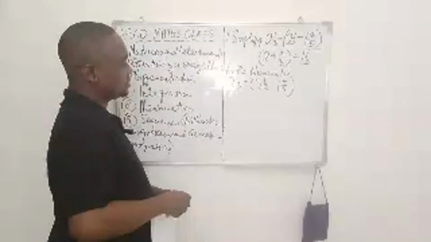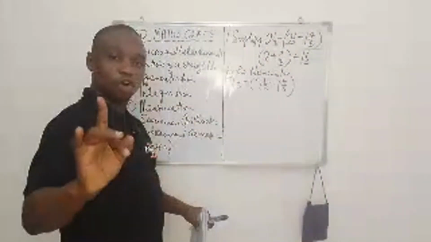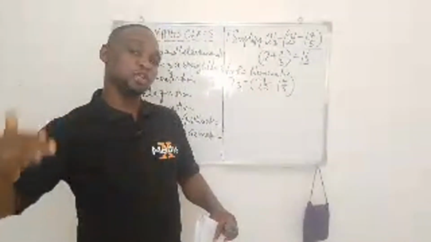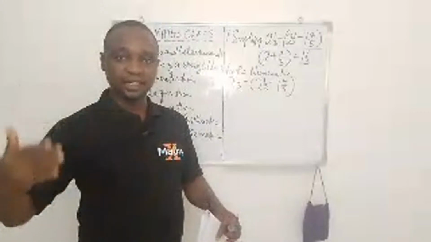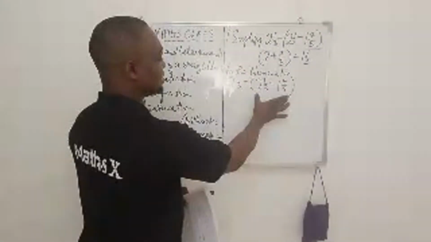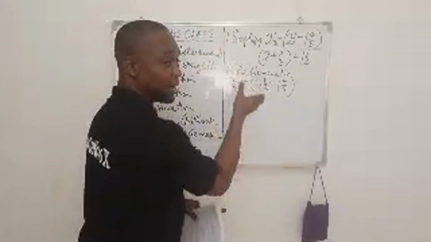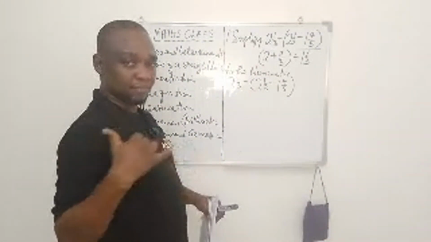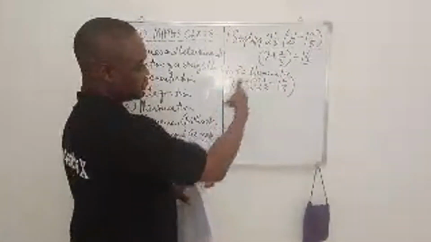Now, this is your BODMAS, right? Recall your BODMAS rule, where it talks about bracket, division, multiplication, addition, and subtraction. So there's a bracket here, so you will treat the bracket first. Recall our video on fractions, we did stuff like this.